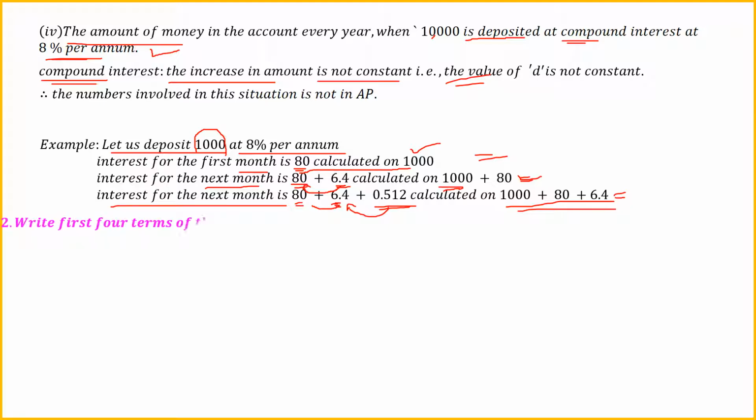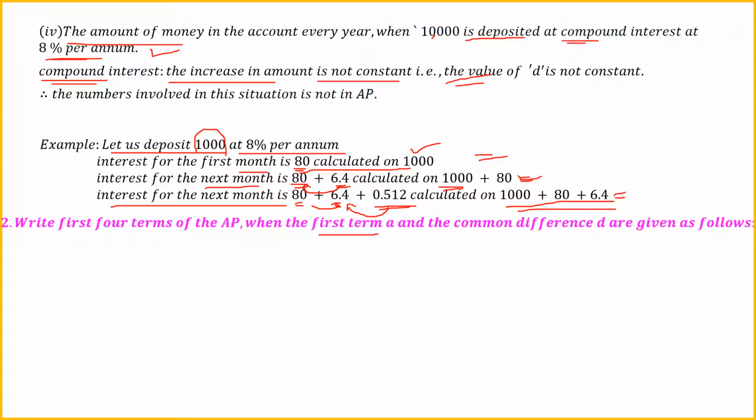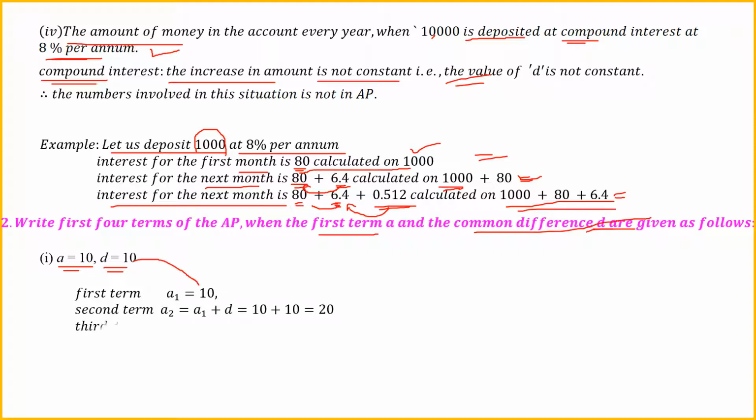Write the first four terms of the AP when the first term A and the common difference D are given as follows. To write an arithmetic progression, these two pieces of information are more than enough: the first term and the common difference. If A equals 10 and D equals 10, first we note down the first term A, and the common difference D is added to the first term.